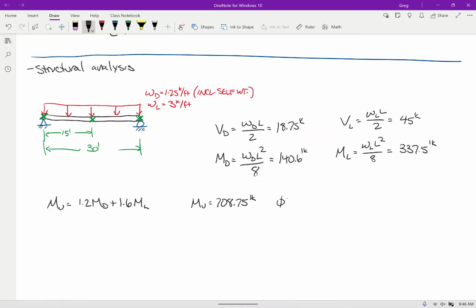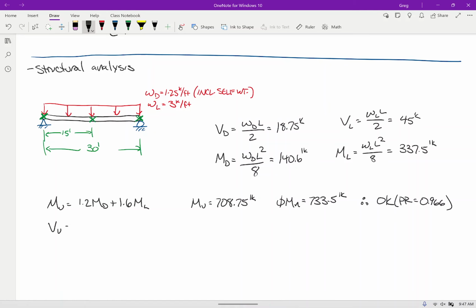By the way, what was phi MN again? What did we calculate? What does that mean? We are good. That performance ratio, by the way, is 0.966.